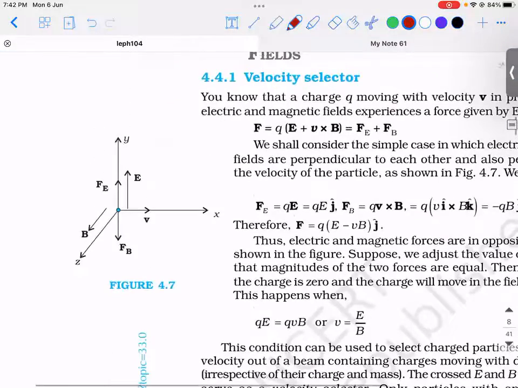Now listen. The next concept that we need to discuss is velocity selector.